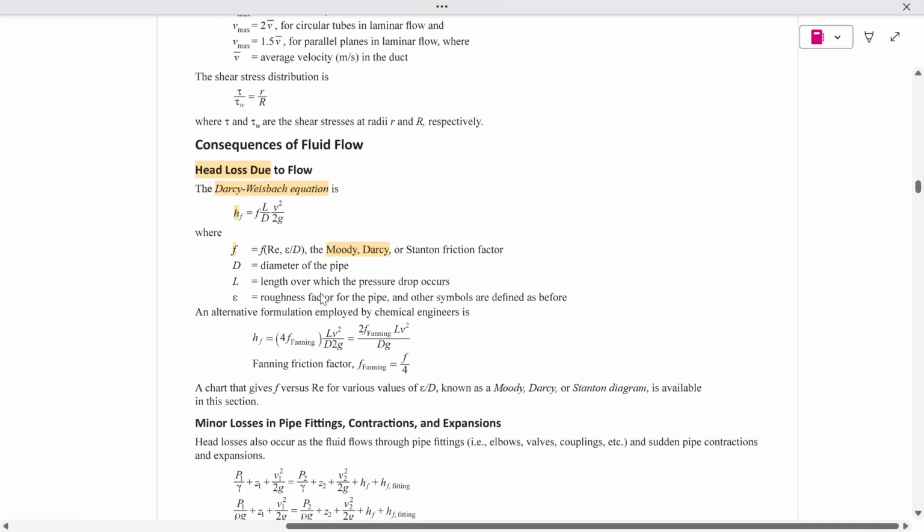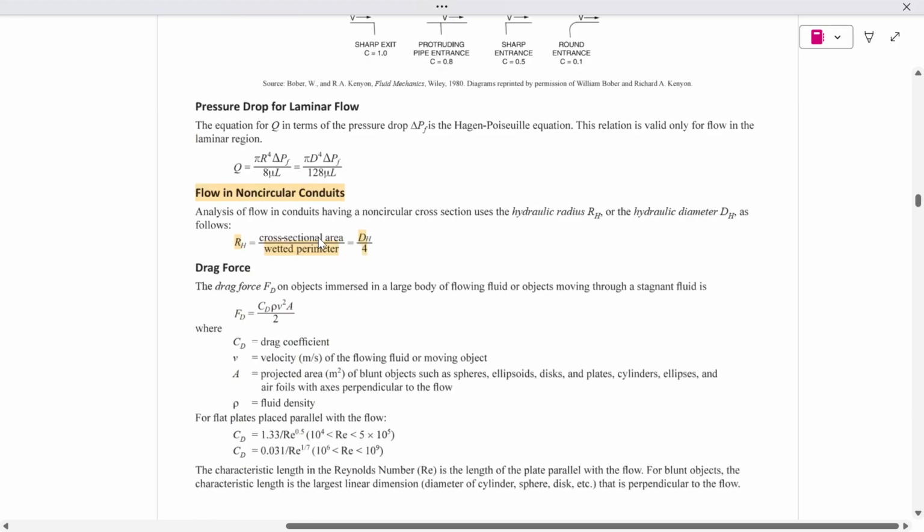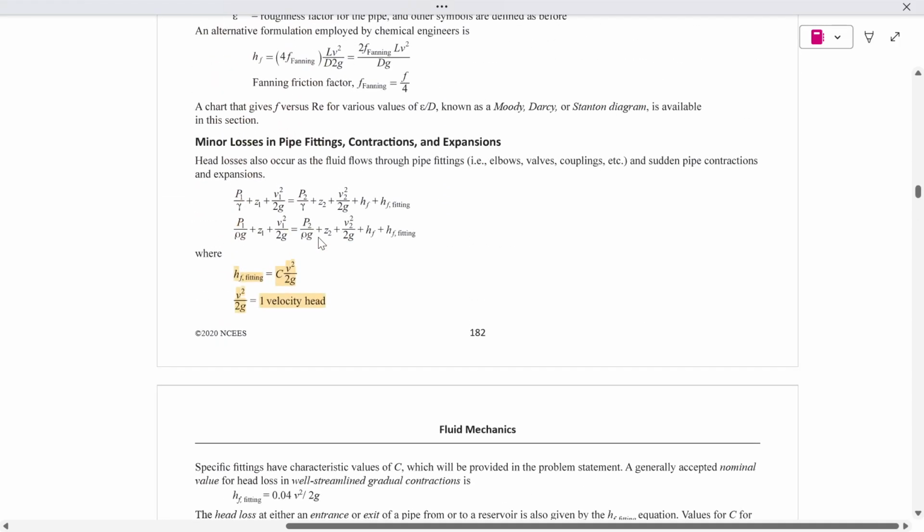The Darcy-Weisbach equation is here, okay. Whenever they give you f, which is the Moody, Darcy, or Stanton friction factor, you can come to this equation. We're going fast because we will discuss this anyway. So that is the velocity head equation. Velocity head is equal to v square by 2g. Head loss in the fittings is equal to C v square by 2g.